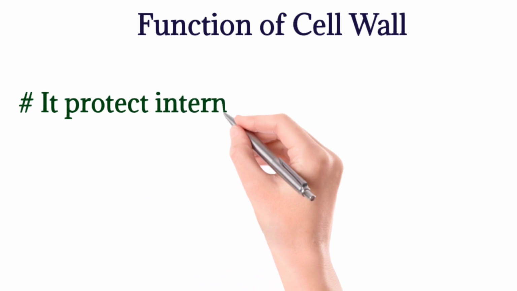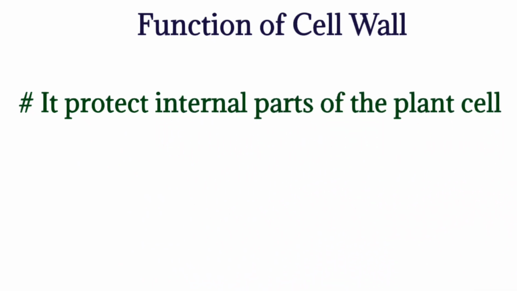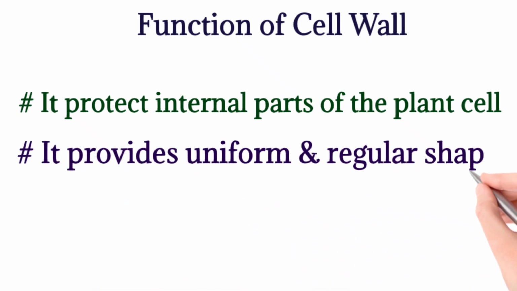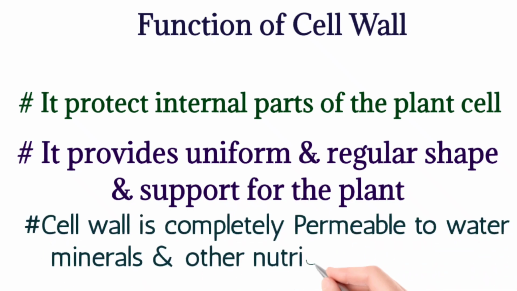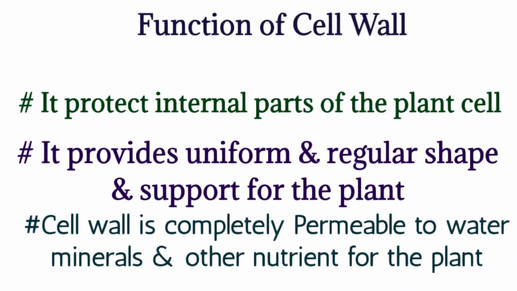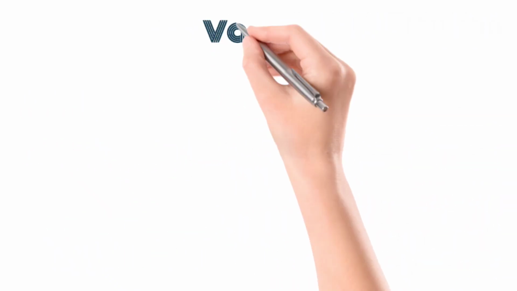Now we will discuss function of the cell wall. Cell walls protect internal parts of plant cell. It provides uniform and regular shape and support for the plant. And cell wall is completely permeable to water, minerals and other nutrients for the plant.